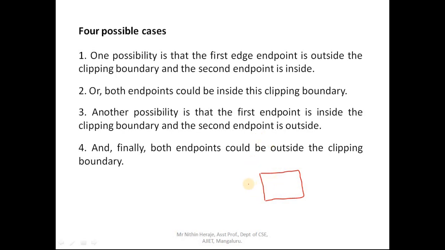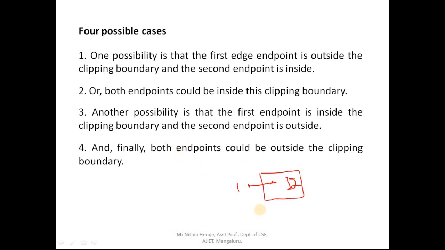That means the first point is here and the second point is inside the clipping window. So this is the first case. In the second case, both end points are inside the clipping boundary. So this is the second case.